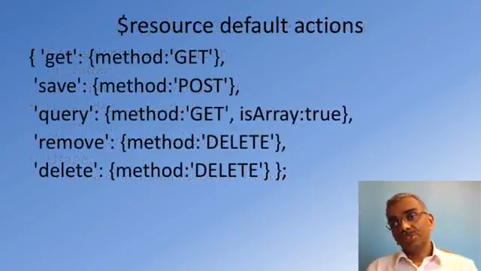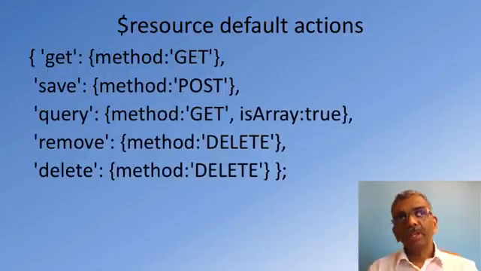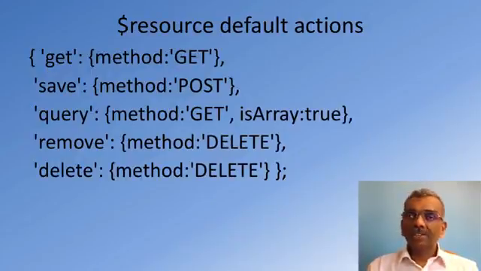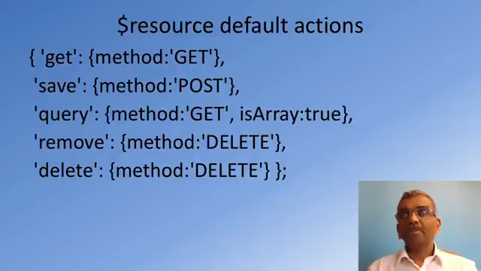The resource service supports some default actions: get, save, query, remove, and delete. Get and save perform the get and the post operations. The query does the get operation but gets you an array of JSON objects from the server. The remove and delete are equivalent to each other, and they allow you to perform the delete operation.